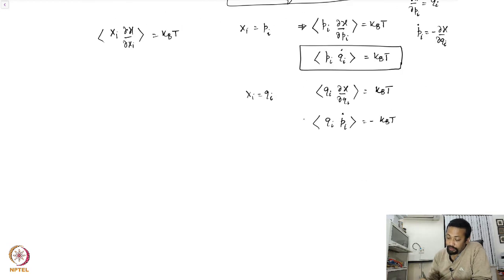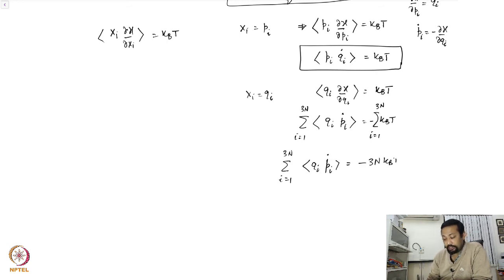Now if you sum it over i equal to 1 to 3n, then the sum over i of qi pi dot is equal to minus 3n kBT.